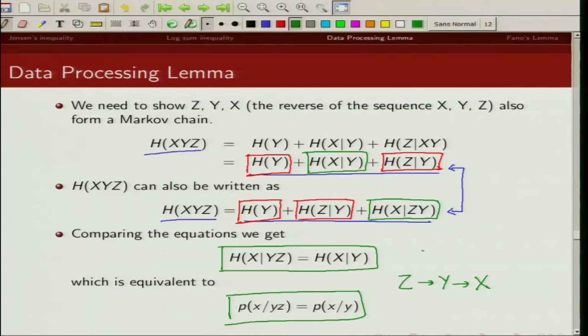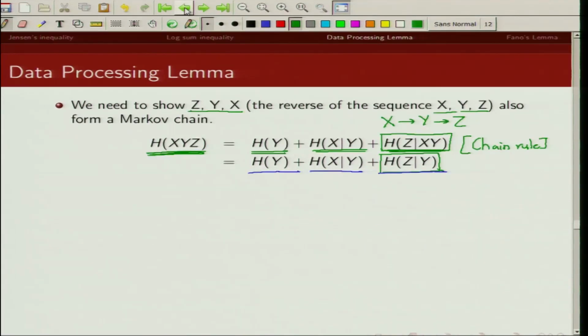So what I have shown you is that if x, y and z form a Markov chain, this also implies that z, y and x will also form a Markov chain, and hence using the proof that we just gave before, we can write that mutual information between x and z is less than or equal to mutual information between x and y, and this proves our second result.